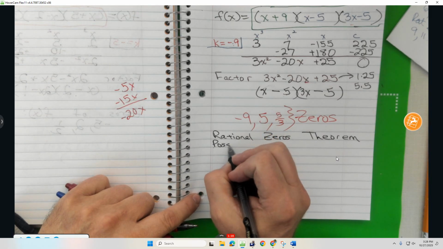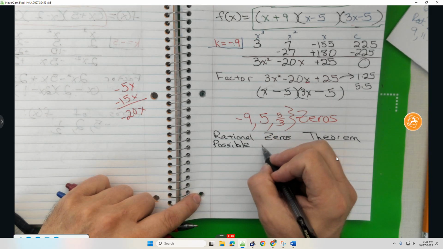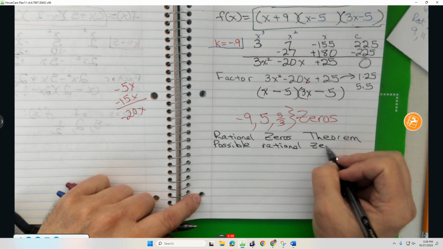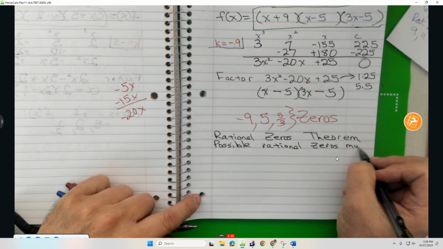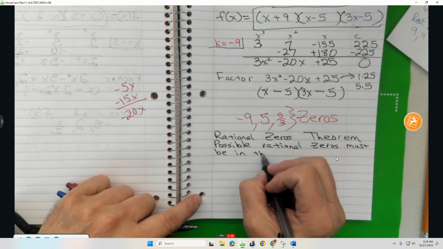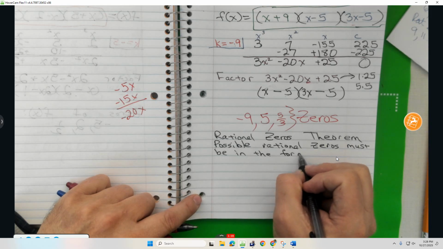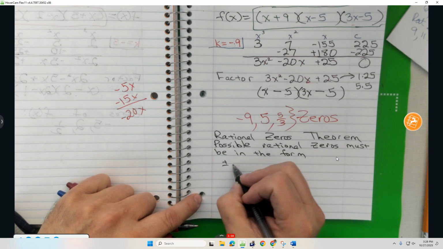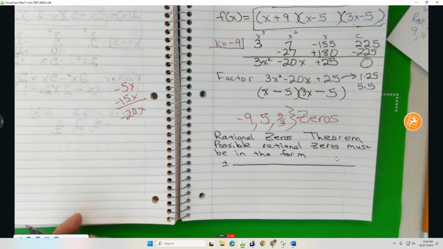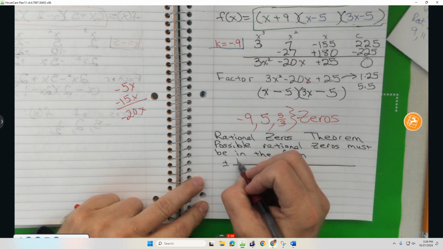Possible rational zeros must be in the form plus or minus, there's the fraction bar, the numerator must be a factor of the constant term.